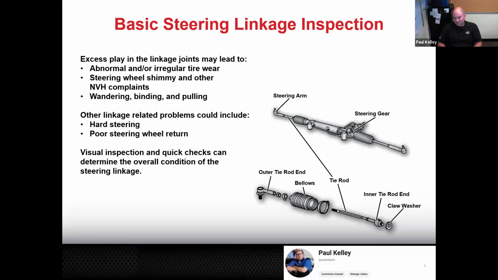Like if it binds once every revolution of the steering wheel, we may be thinking more like the pinion. But if you turn all the way to the right and on the way back it binds once, and you've turned the steering wheel 4 times but it only bound once in those 4 turns, that doesn't sound like the pinion, because remember the pinion's attached to the steering wheel. If it had a problem on the pinion, it would hit every time.